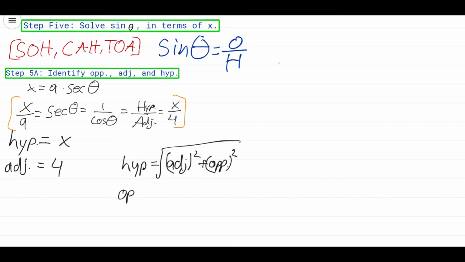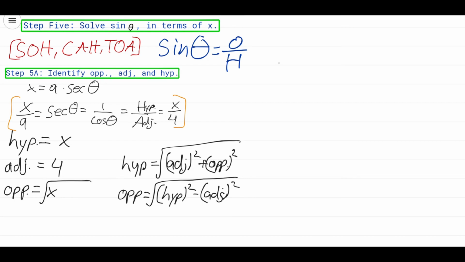When we solve for the opposite, doing algebra, the hypotenuse squared minus the adjacent squared is equal to the opposite squared. Thus the opposite is equal to the square root of x squared minus 4 squared, because the hypotenuse is x, minus the adjacent 4 squared. When we evaluate this, we get the opposite to be the square root of x squared minus 16.